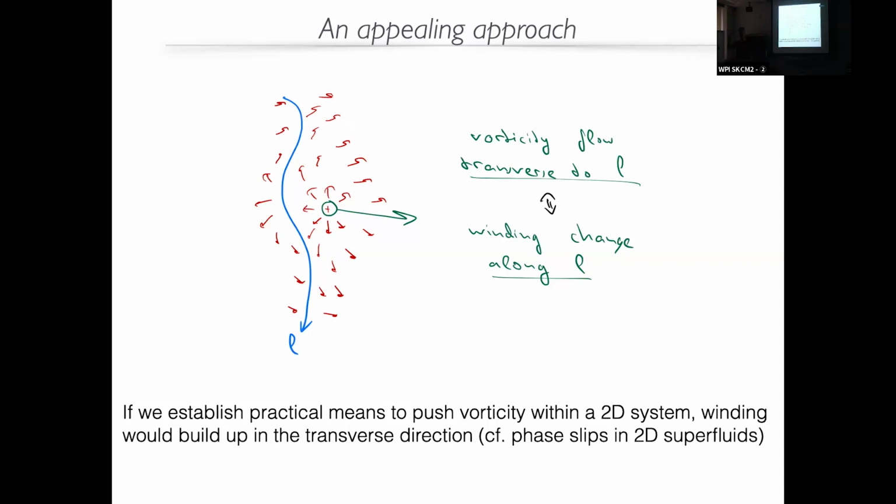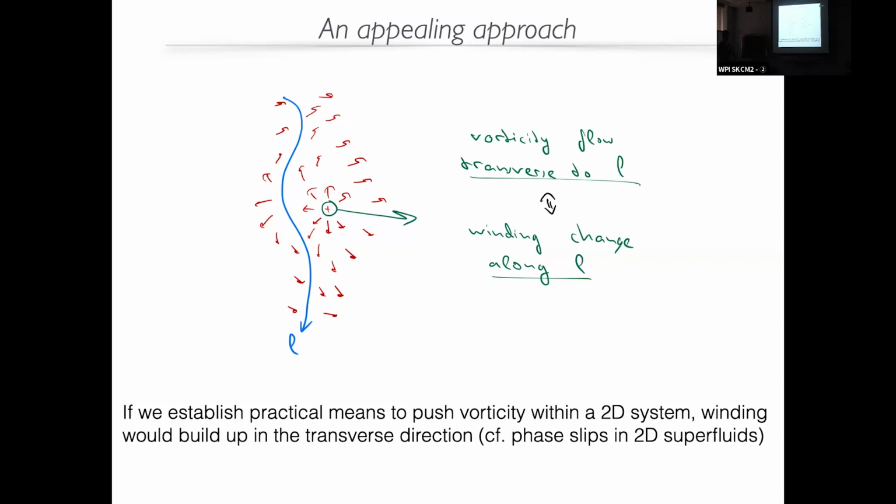So conceptually, it seems like an improvement, as long as we can realize effective control over the motion of vortices. It turns out that is quite possible, and we believe this is probably the most appealing way to control winding.